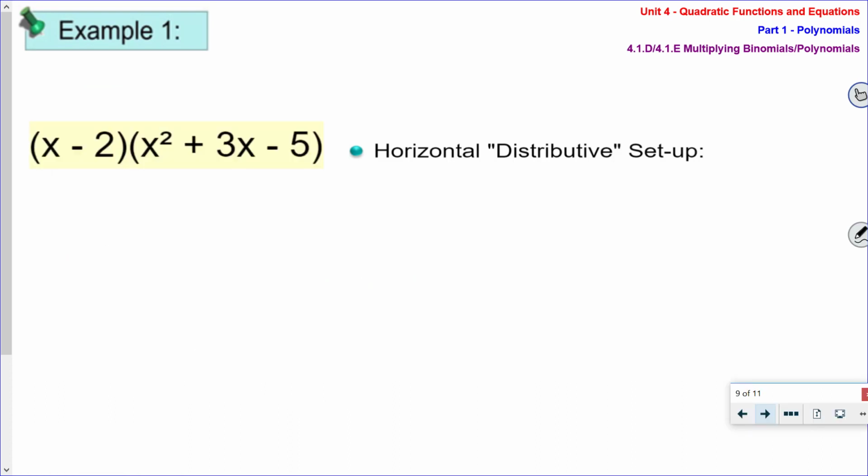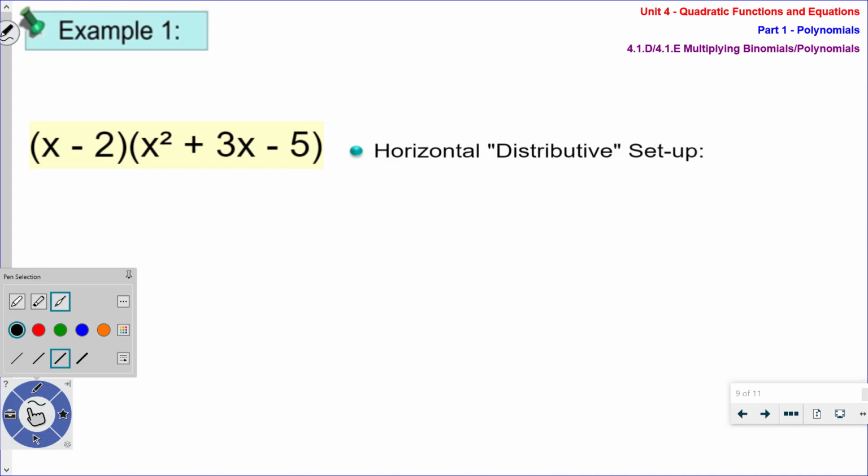We have 2 terms times 3 terms, so we know there's going to be a total of 6 multiplications taking place. Every term in this binomial has to be multiplied by every single term in that trinomial. I need some guidance. Isabella.